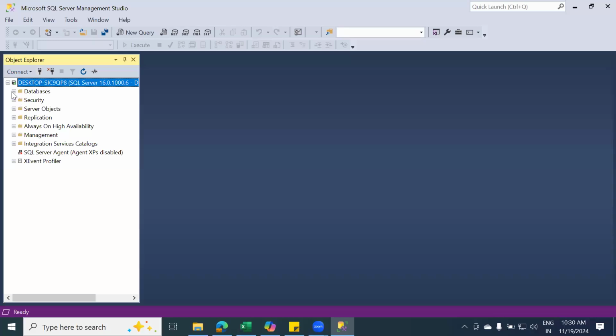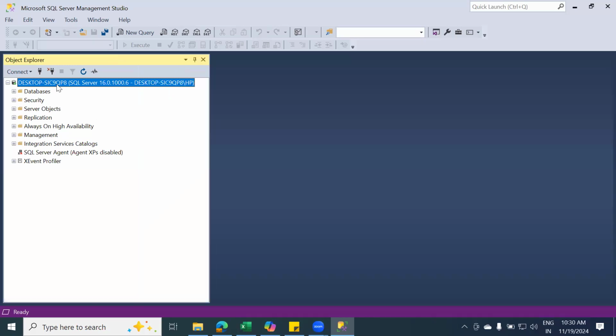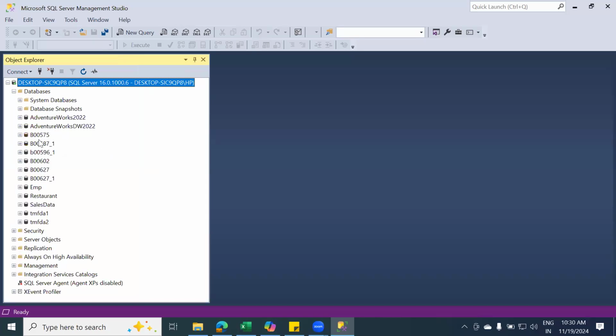Now, if you come here, this is what I'm referring to, guys. Can you see the name here? It is saying SQL Server 16.0. This is my server. In this server, we have an object called databases. I'll come back to this. If you come to databases, these are the different databases I have here.